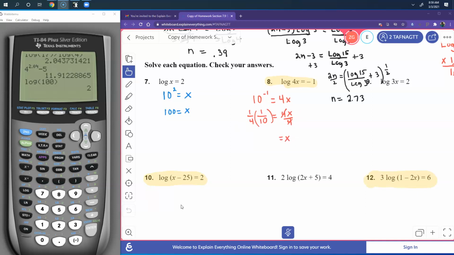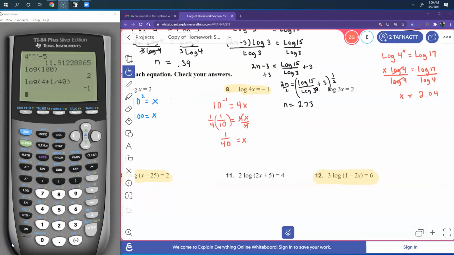So x is equal to 1/40. If you want to check that, it would be log 4 times 1 over 40, right? And that's -1. So that does check.